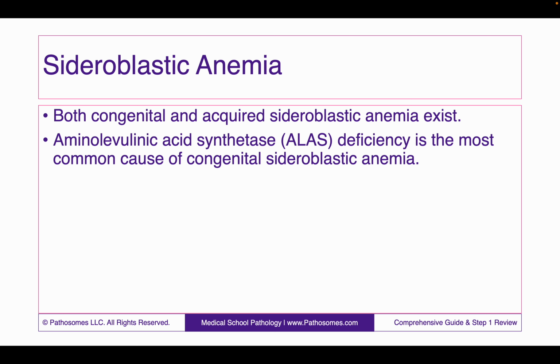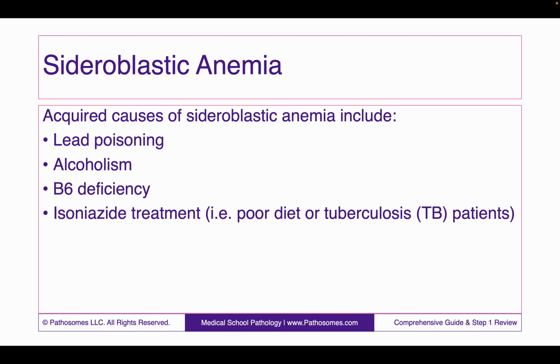Now, both the congenital and acquired forms of sideroblastic anemia exist. Aminolevulinic acid synthetase deficiency is the most common cause of congenital sideroblastic anemia. Acquired causes of sideroblastic anemia include lead poisoning, right? I know you've seen those classic vignettes of a young child eating paint in an old house made in the 50s.